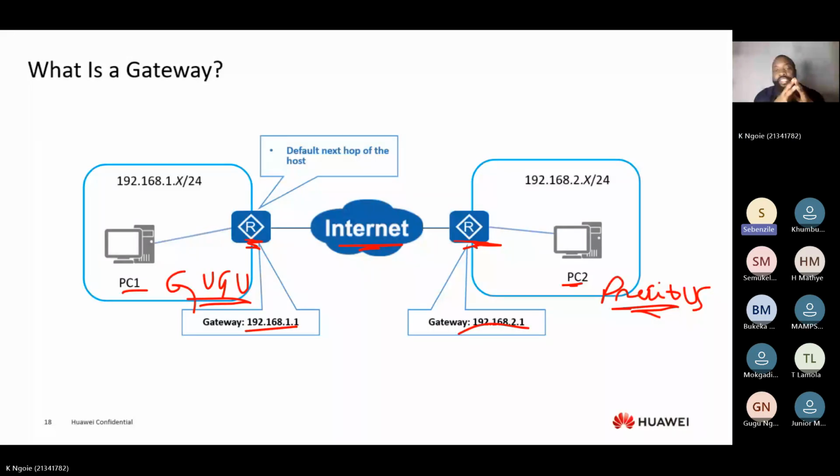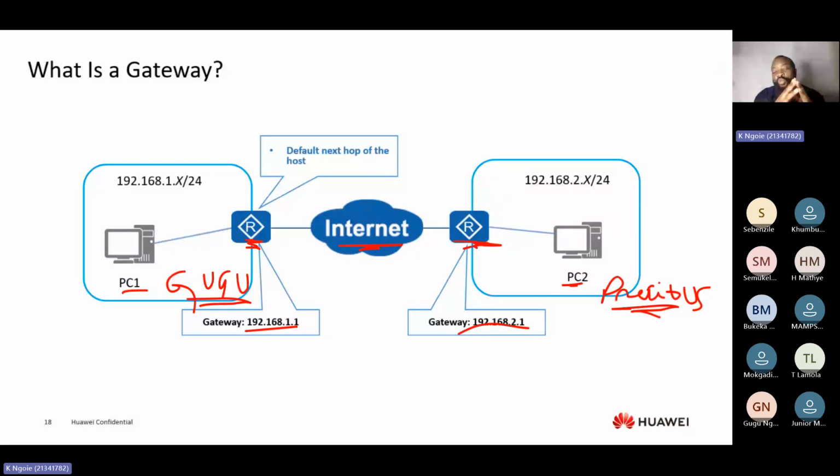Are they connected to the same network? Yes, that's exactly what's in common with them. Despite the fact that they have different routers, they are connected to the same network.